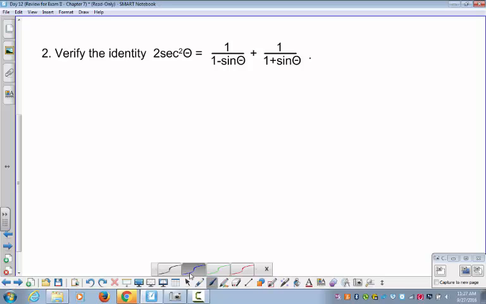So if this was 1/2 plus 1/3, what would you do? Yeah, exactly. Multiply this one by 3 over 3. Multiply this one by 2 over 2, and you'd be good to go. So same idea. It's just that you have trig functions. But it's the exact same concept. So we'll start with the right-hand side.